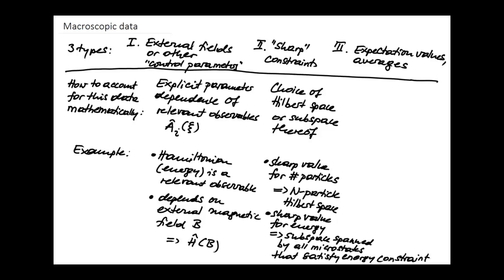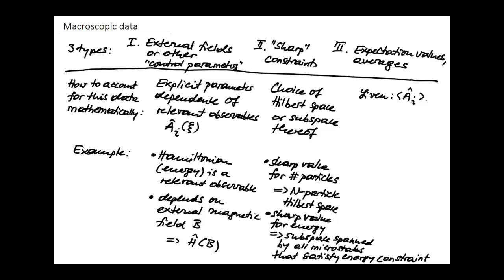And now you are given expectation values for your relevant observables. The state of your system, that's what we had discussed last week, is going to be described by some density matrix. And that's the most general form of a physical state.